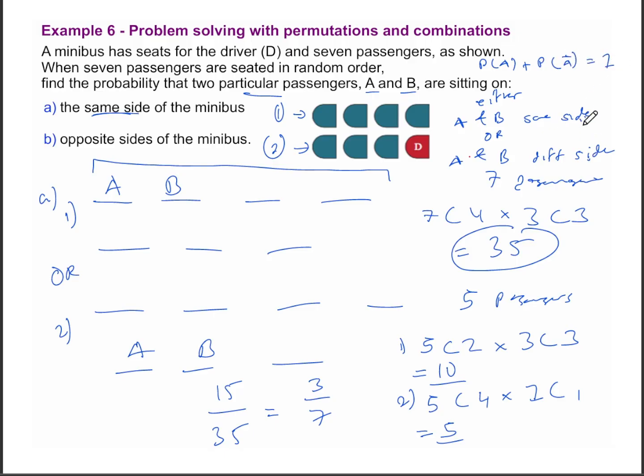These two are complements of one another. Therefore, the probability of them being on the same side is 3 over 7, so 3 over 7 plus the probability of them being on different sides for part B is equal to 1. Which means the probability of them being on opposite sides is 4 over 7. So same side 3 over 7, opposite side 4 over 7.